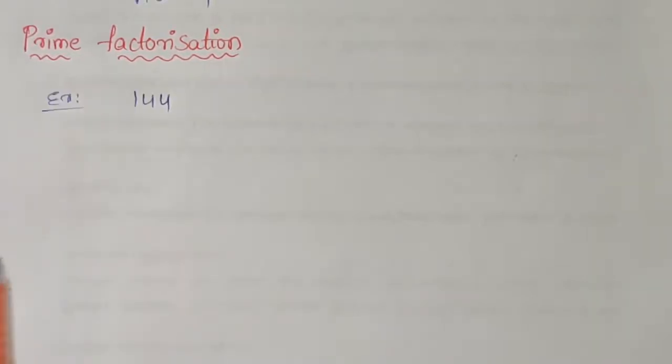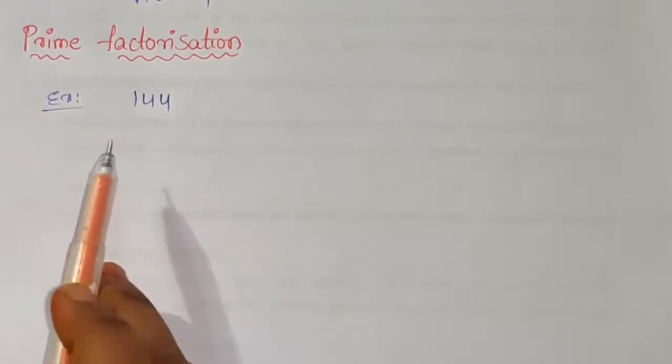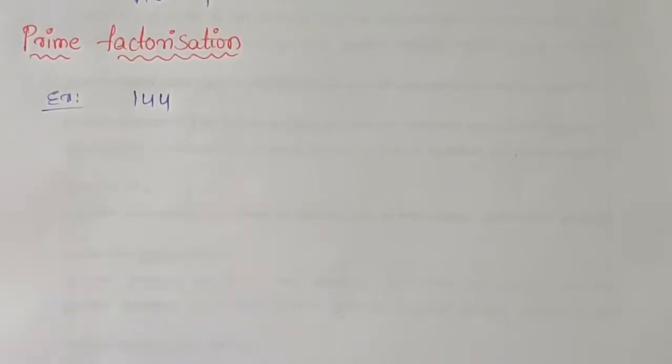In this method, first we divide the given number into its prime factors and then we make pairs of similar factors such that both factors in each pair are equal. For example, take a perfect square number, 144.